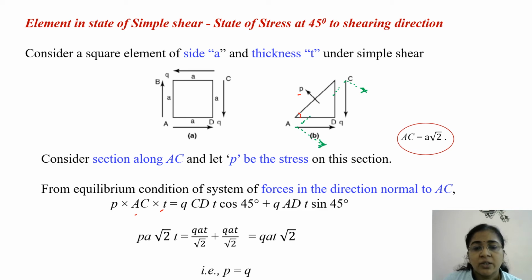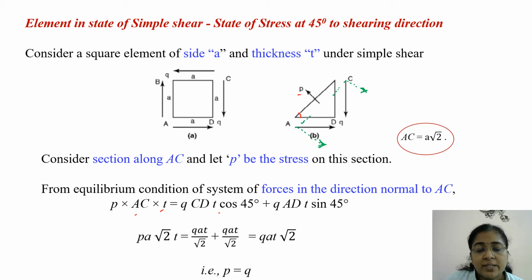That is, Q CD cos 45 into T plus Q AD sin 45 into T. The direction of these forces is opposite to the force due to P. So we can equate these two, and from this we can obtain the expression for the normal stress due to the shear forces acting on the sides.